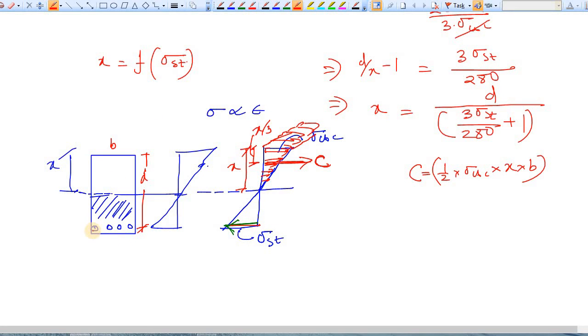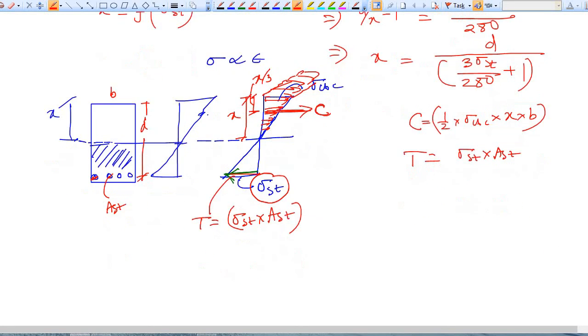Now let's say you have total area of steel as AST, and allowable stress in steel is sigma ST. So what is the total tensile force acting in reinforcement? That is sigma ST times AST, and T is given by sigma ST times AST. So now again draw this diagram.